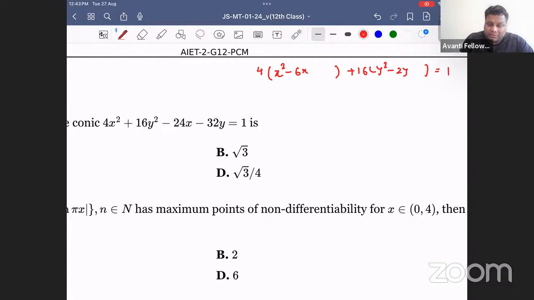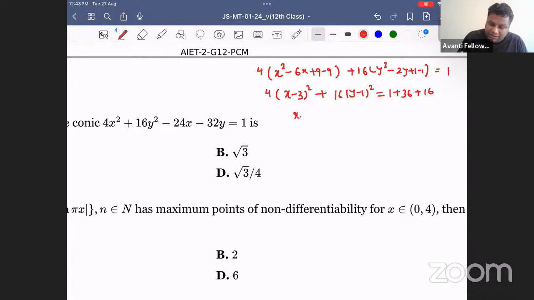To make a perfect square, I add 9, subtract 9. I add 1, subtract 1. So with this, I got 4 times x minus 3 whole square plus 16 times y minus 1 whole square is 1 plus 36 plus 16, 53.